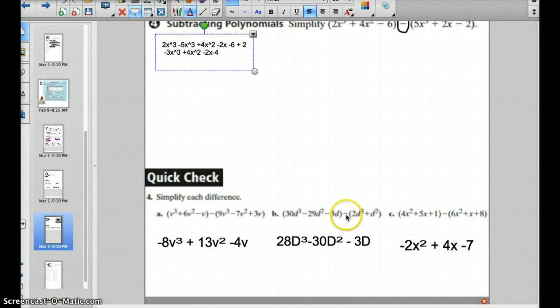And again, you've got to watch your signs when you're distributing it to both terms inside the following parenthesis. Here we've got 4x squared plus 5x plus 1, and then we're subtracting 6x squared, which is going to result in negative 2x squared, and then plus 4x minus 7. So again, that's a minus 8 here, and that number is usually where I'm going to see mistakes happening.